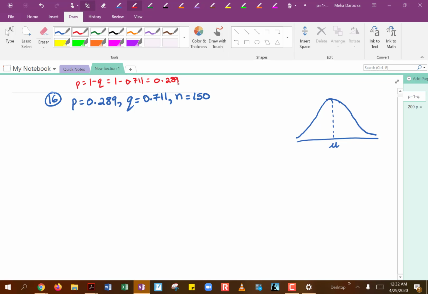So the first step we have to do is to check and see if we can use normal approximation or not. This is where we multiply n times p and n times q and see what values we come up with.